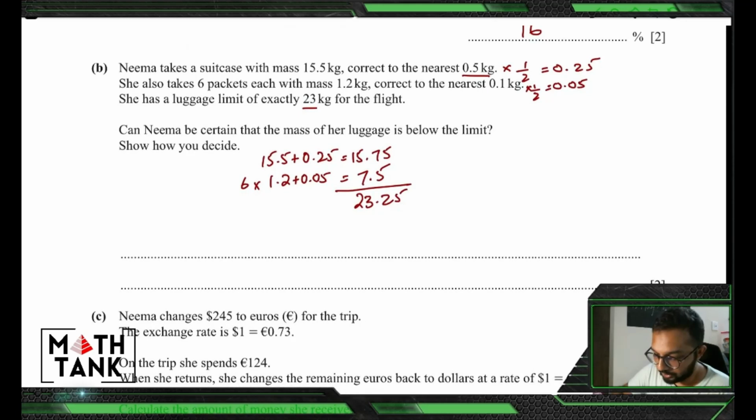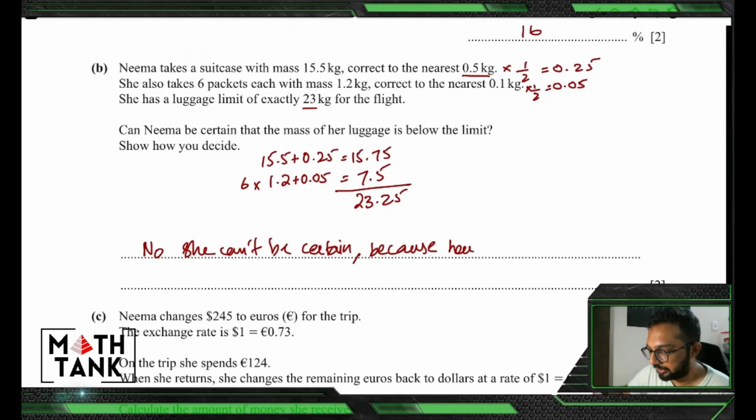Okay, so no, she can't be certain. Why? Because her upper bound of total weight is 23.25 kg.